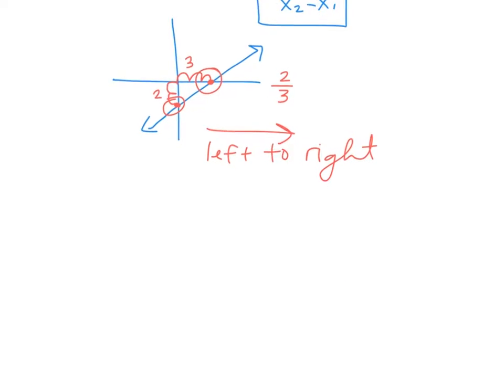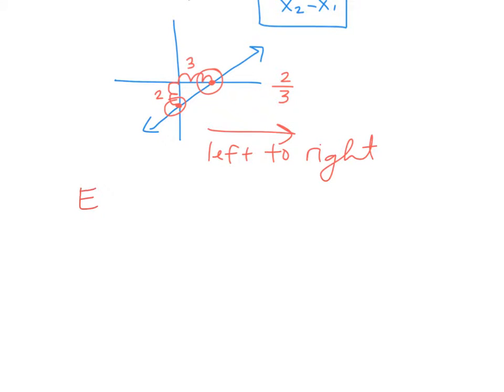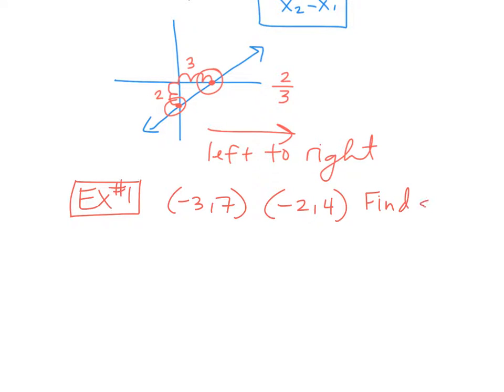So tell me this. If I give you (-3, 7) and (-2, 4), and I say, find the slope. What you want to make sure of is that you have the right x's and y's in the right places.